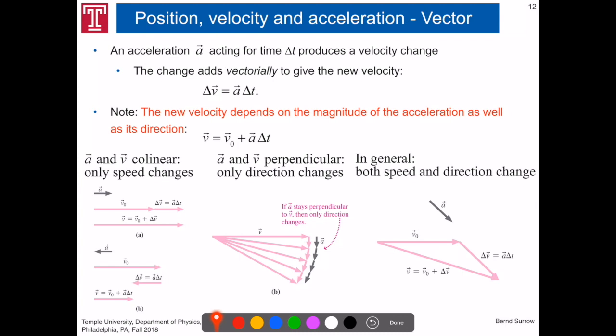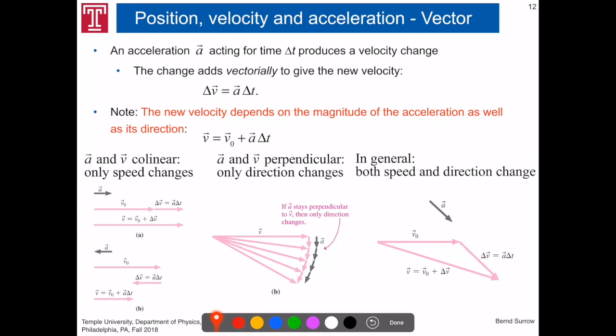If you take both cases together, in general, namely initial velocity v, and not where the acceleration is only collinear or only perpendicular, this would be a so-called general case. And you have the general vectorial equation, vector v equals v naught plus delta v, meaning this is the diagonal in a parallelogram constructed by velocity vector v naught and delta v.